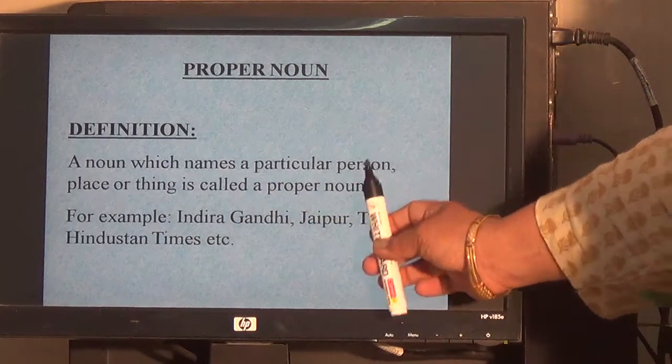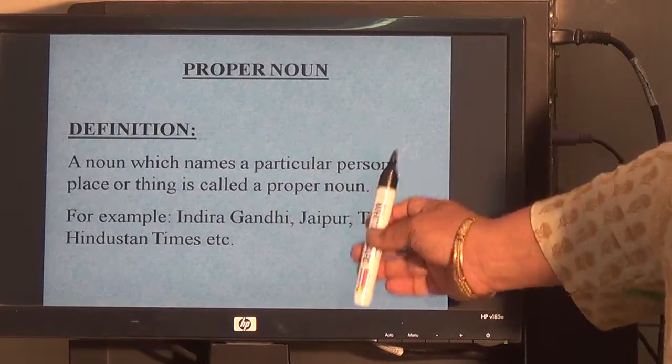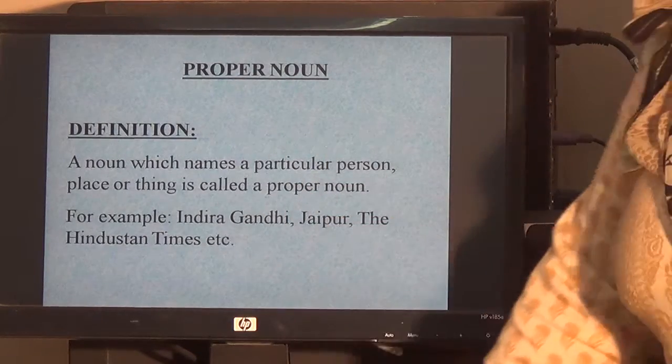A proper noun means a particular person or a specific person, place or thing.